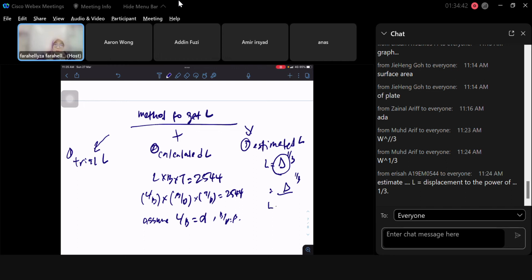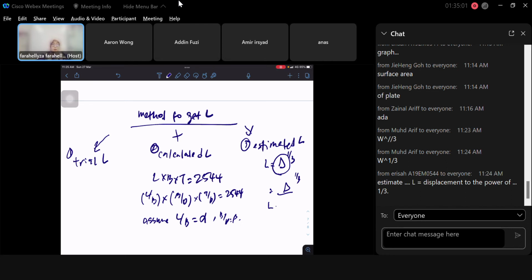But still you have to calculate the error, to make sure that whatever value you get here gives you almost or equal to 0. So that's how we go about main dimension.